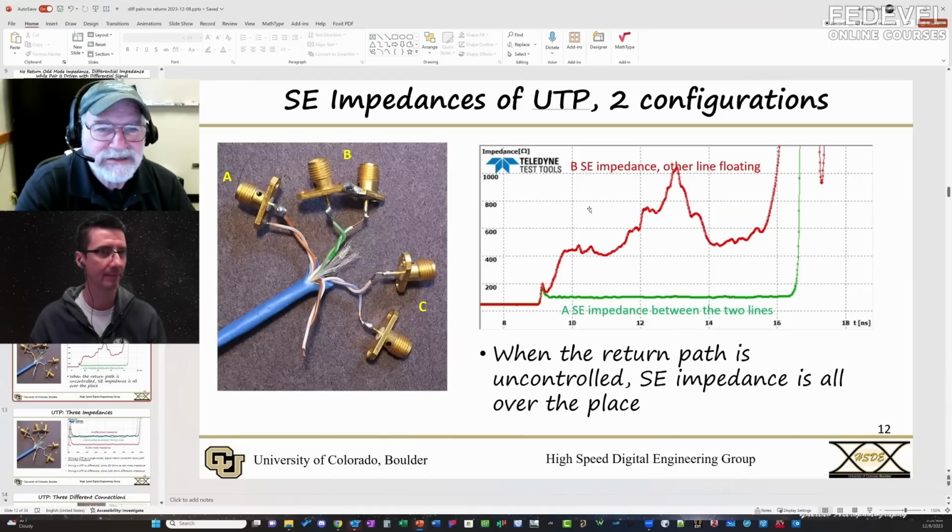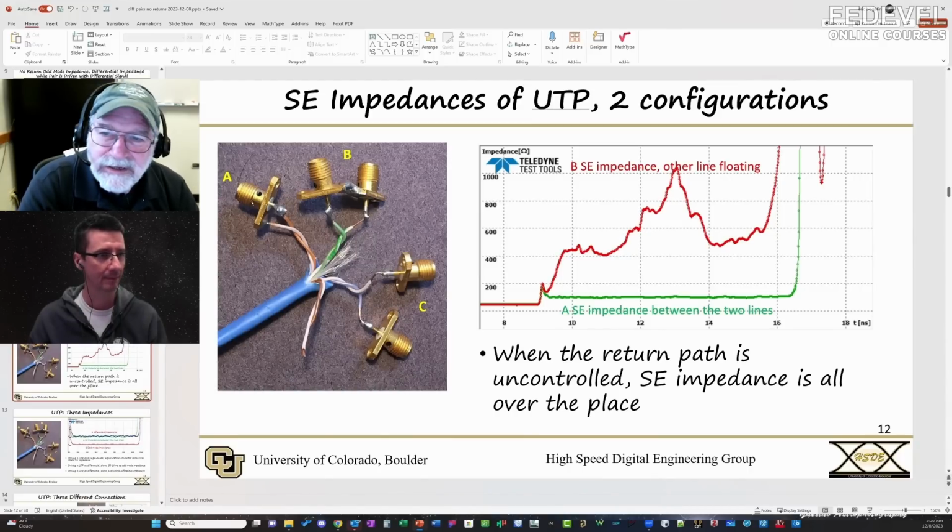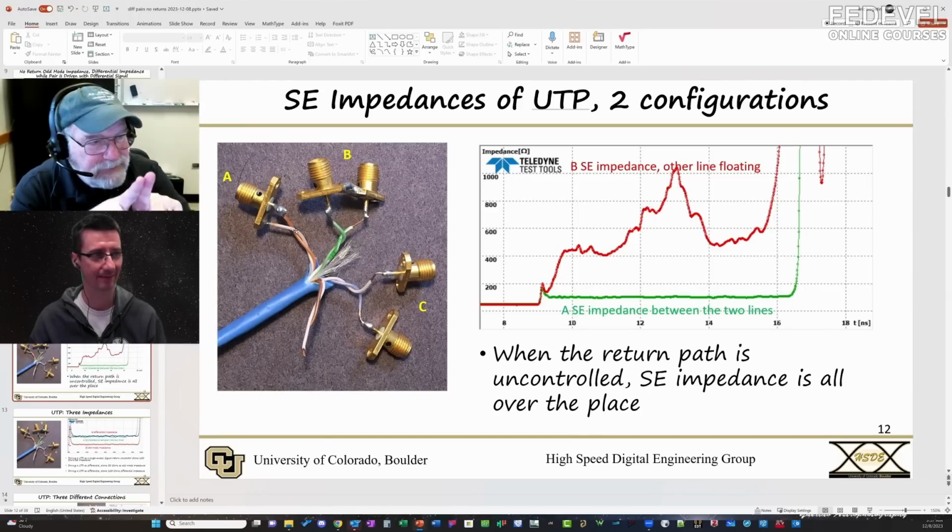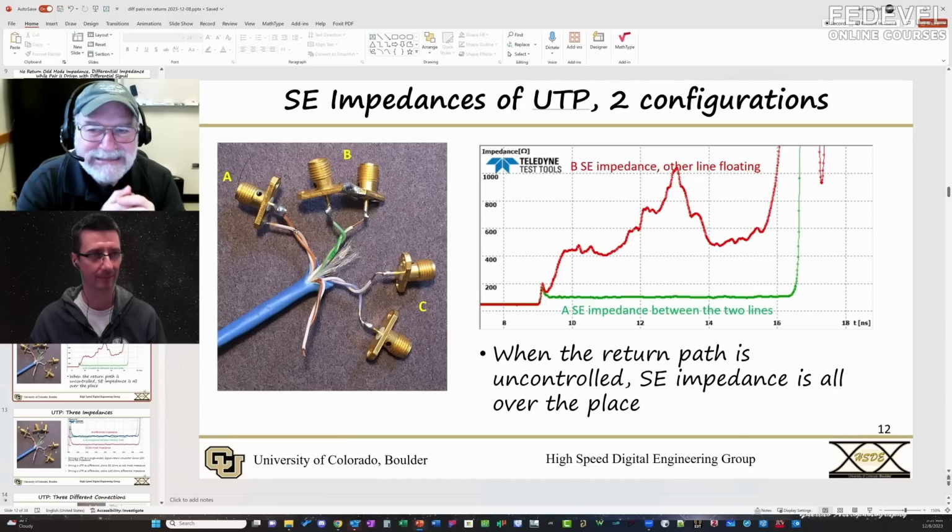And so let's take a look at that. So here are those two cases. Here's A, and this is a TDR response, literally measuring the impedance profile of this twisted pair. And darned if it isn't a beautiful looking uniform transmission line. Because of the geometry, the space between the lines, their diameter, and the material around there, the equivalent single-ended impedance is about 100 ohms.